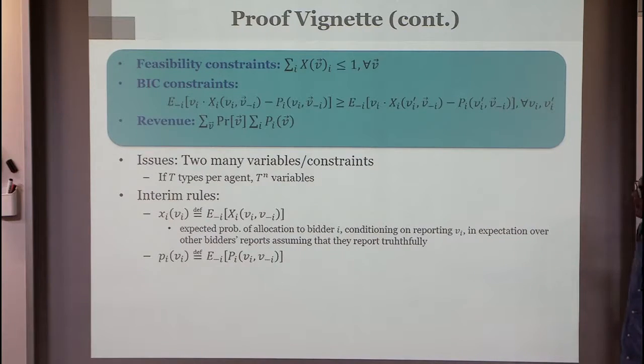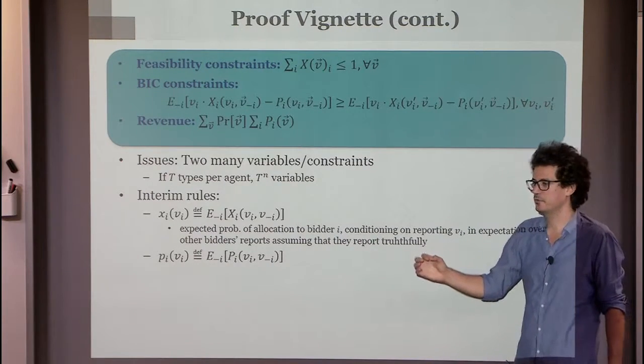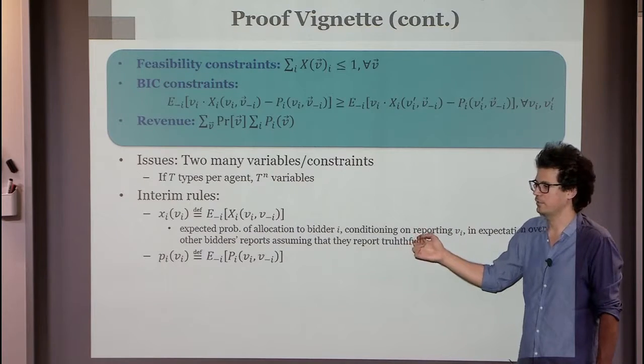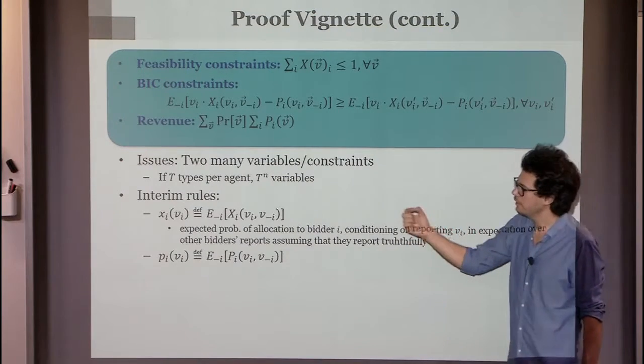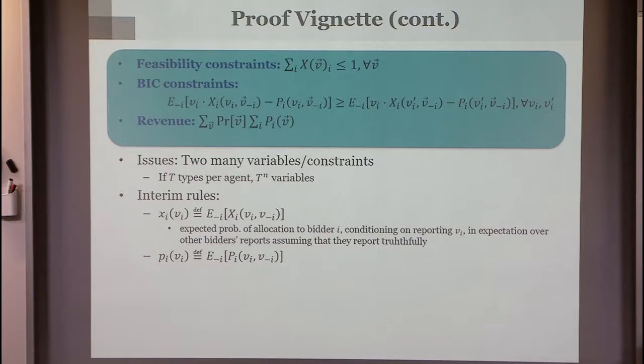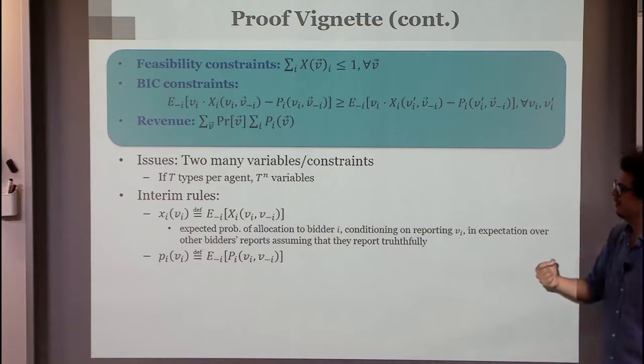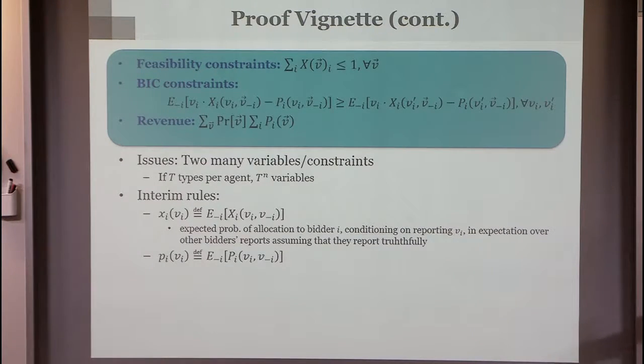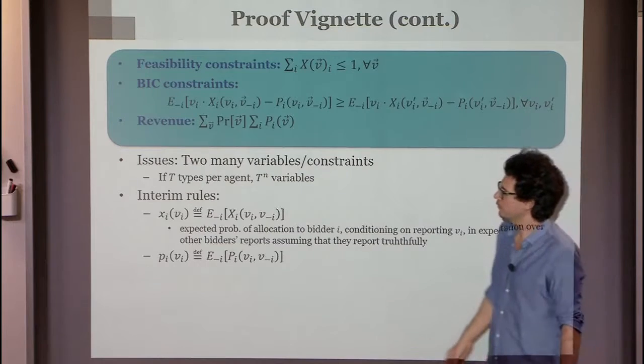used in the mechanism design literature, is to look instead, study interim allocation rules. An interim allocation rule is what Jason was talking about, except Jason described it in terms of quantiles, and I want to describe it in terms of values. So here's the definition.